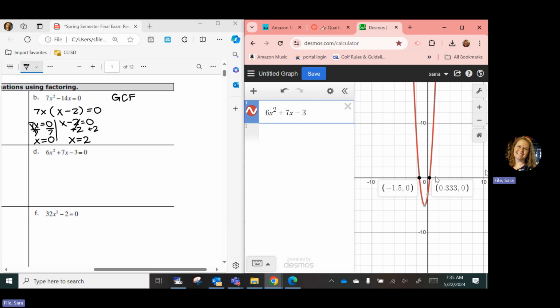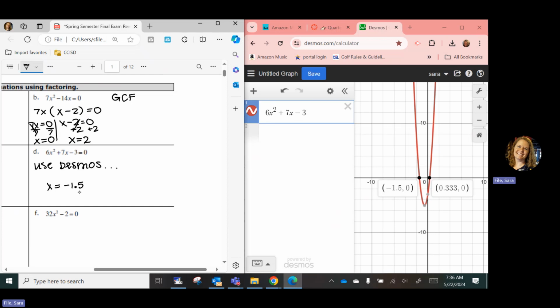This is what I just said a moment ago, that if it shows up as a decimal instead of a fraction, those, I know what those are as fractions. Okay, so I'm using Desmos. And I get negative 1.5. And you can leave it as 1.5, or you can rewrite that as negative 3/2.